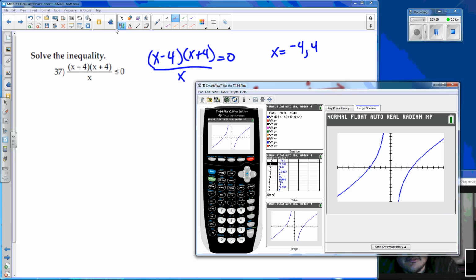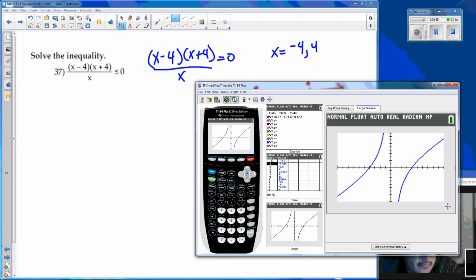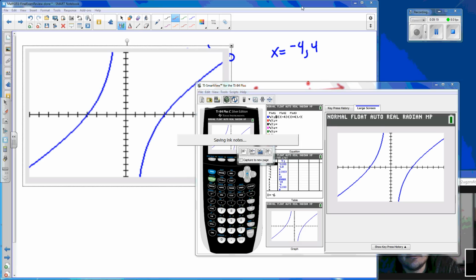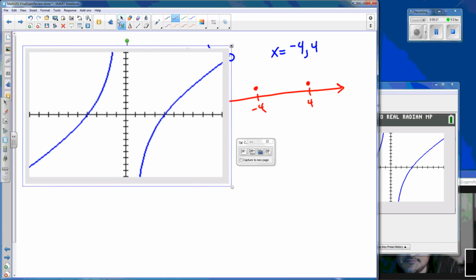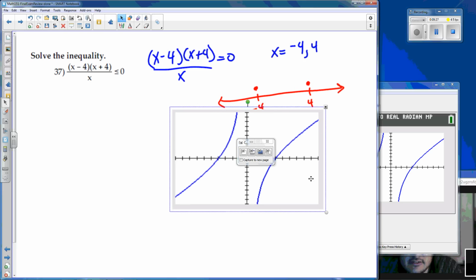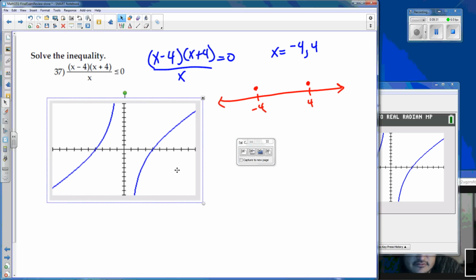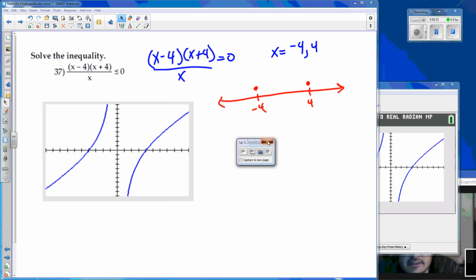I'm gonna copy this over here. Now remember, you're allowed to use calculators on the test, so use them. This is what the function looks like. Okay, and I guess I'll just draw it again.